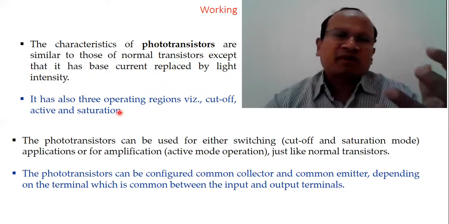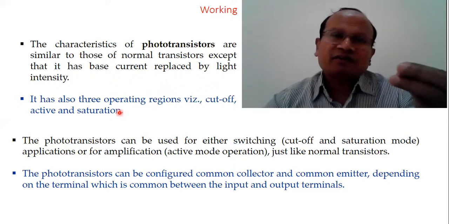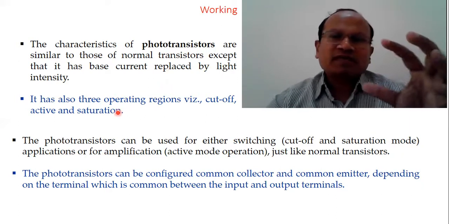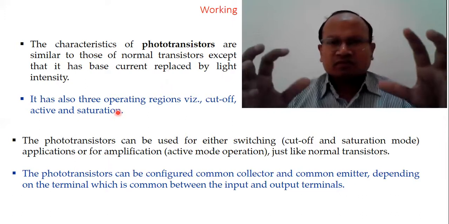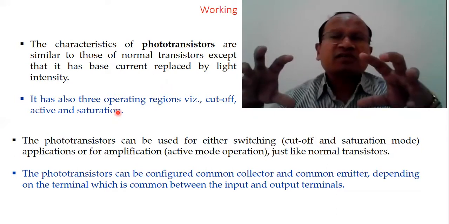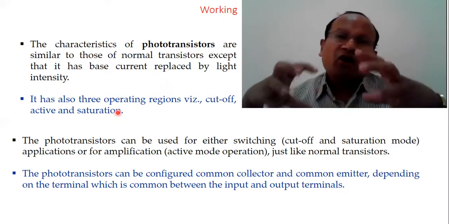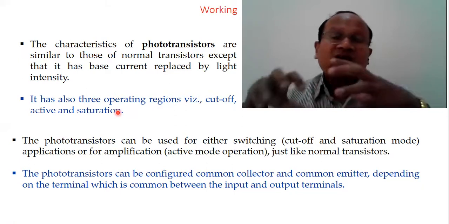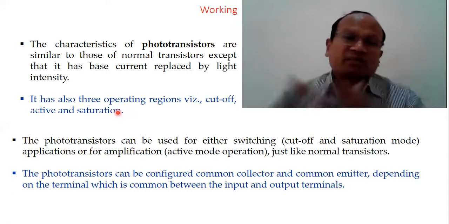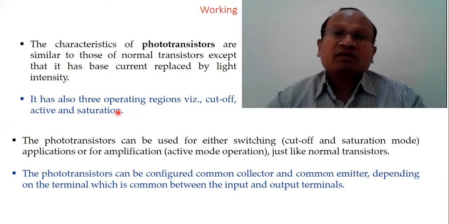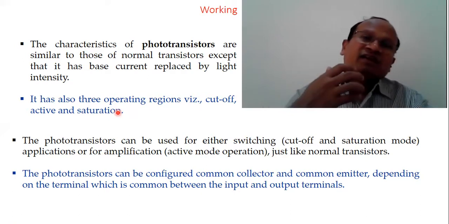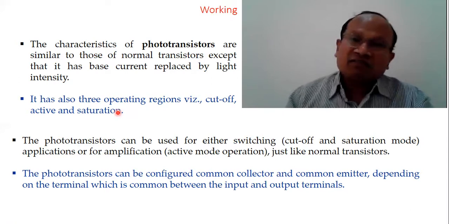In an ordinary transistor, saturation and cutoff are the modes in which the transistor works in switching mode, because we know that when a transistor works as a switch it has 2 stable states, on and off. Off means cutoff, on means saturation: minimum current, maximum current. But we also know that when any ordinary transistor operates as an amplifier, it always operates in active mode.